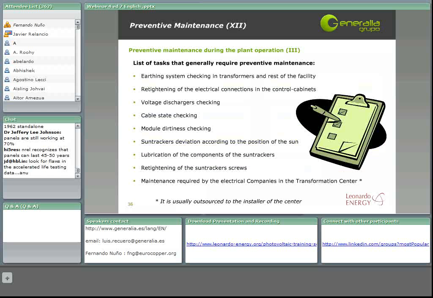In this slide we can find a list of the tasks that generally require preventive maintenance.